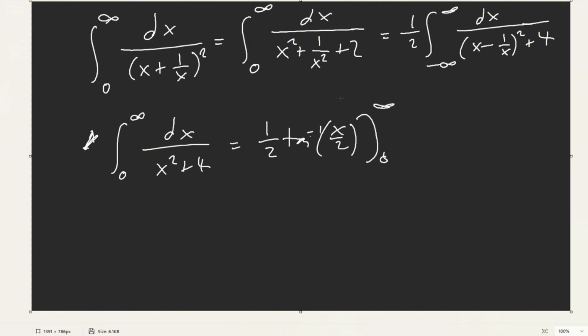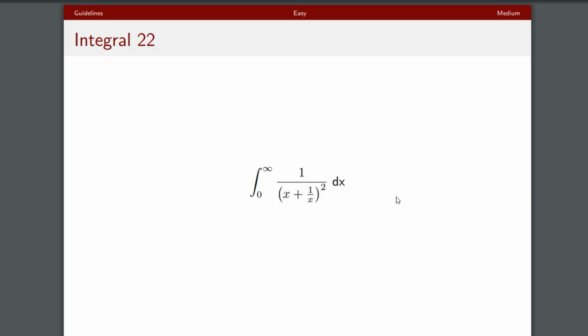It's pi over 2, so we get pi over 4 as our answer. So I hope I didn't get anything incorrect. Hopefully I didn't leave anything behind. But let's see, minus 2 plus, yeah, I think it should be pi over 4. Let's see if I get pi over 4. Yeah! Alright, awesome.